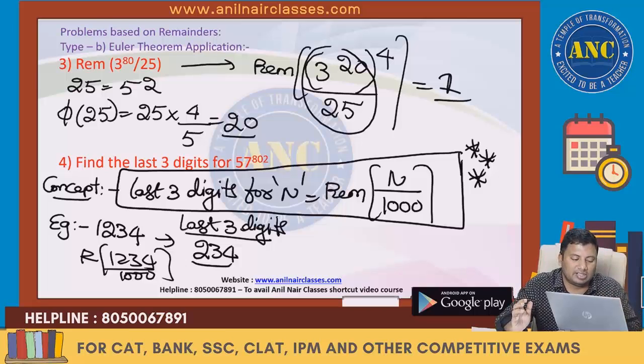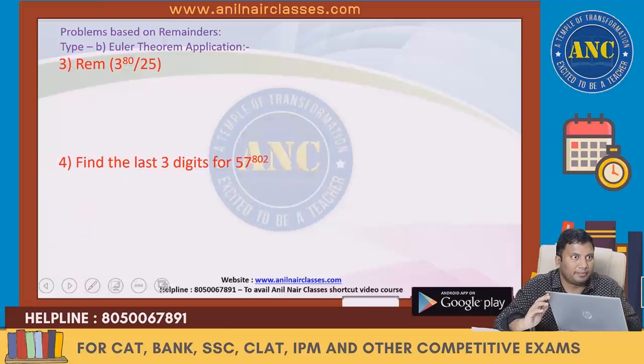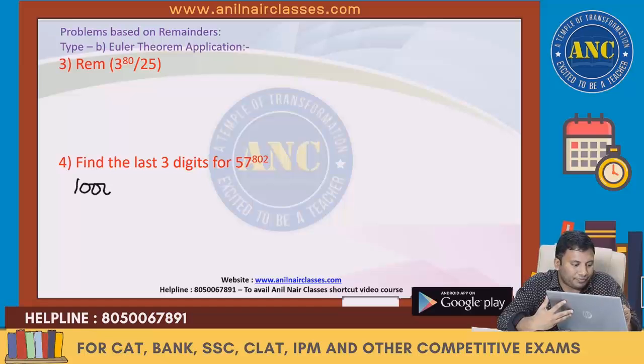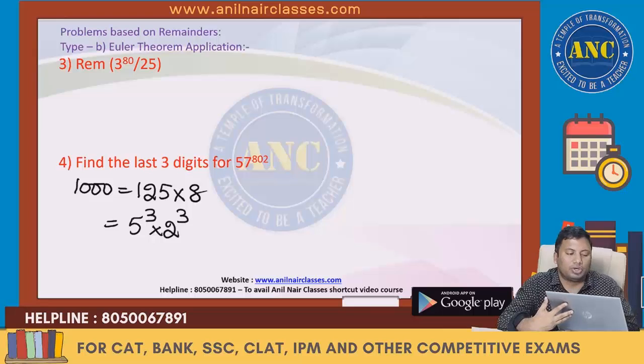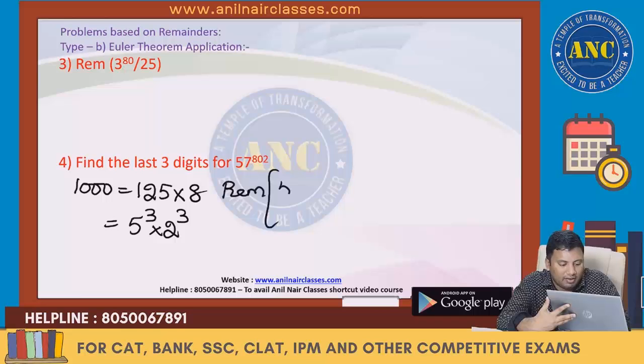So, this question is nothing but the remainder when you divide a number by 1000. 1000 is 125 into 8. 125 is 5 cube. 8 is 2 cube. So, this is nothing but 57 power 802 divided by 1000.